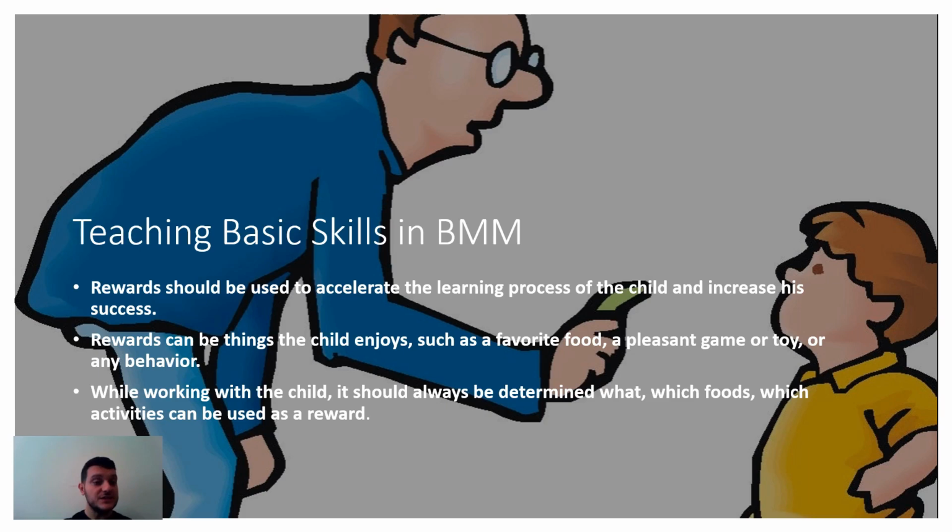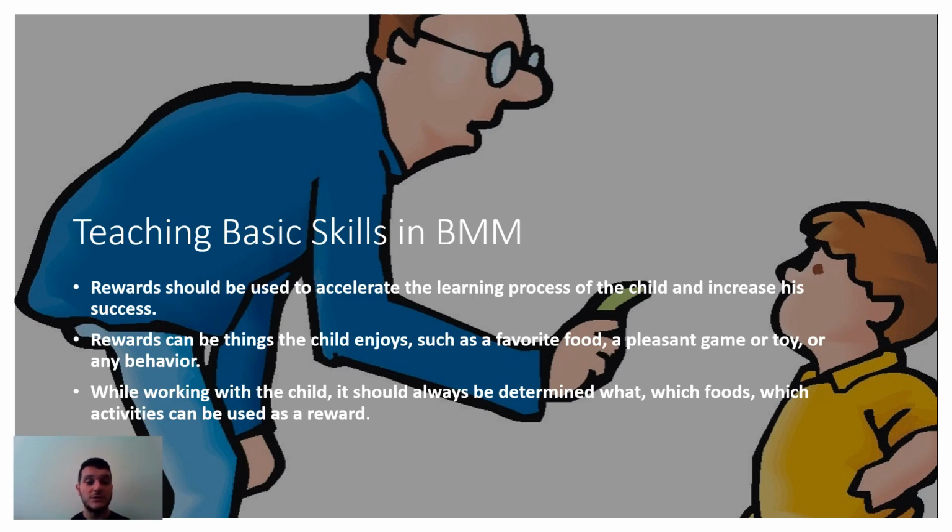During these studies, to make them learn new skills, rewards should be used to accelerate the learning process of the child and increase his success. The reward is for the work he has done right. Rewards can be things the child enjoys, such as a favorite food, a pleasant game or toy, or any behavior.